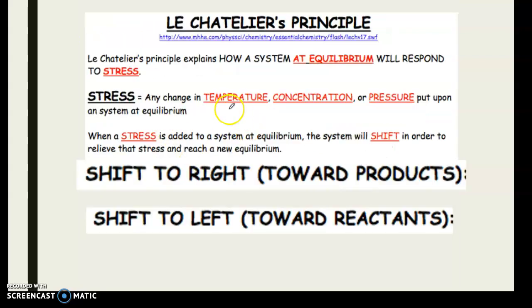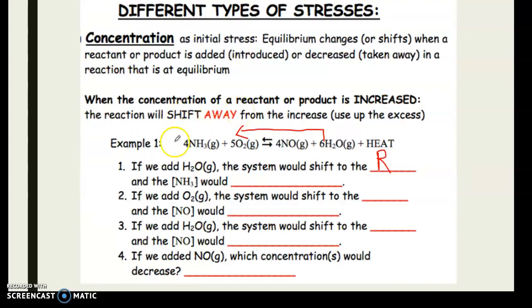Now, because we shift towards our reactants, anything on the reactant side will increase, and by default, the NO is going to look like it decreased. The concentration of NH3, remember, if it's written in brackets, it really means concentration, would increase, right?